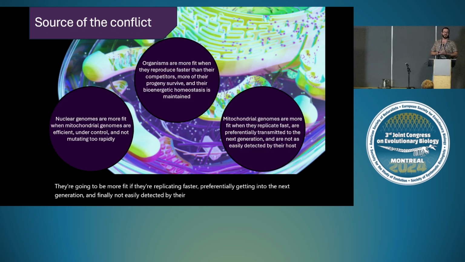That's because if there's a deleterious variant that's present, if it's able to hide from the host cell's kind of cleanup processes, it's going to be able to persist despite harming its host.